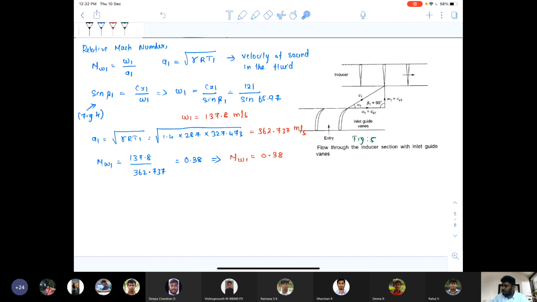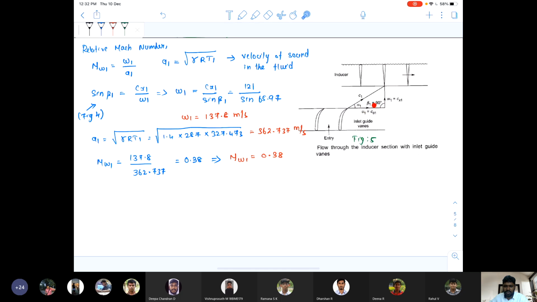But if you consider the flow through the inducer section with inlet guide vane, that is this is the inlet guide vane, now you should find the exit air angle at the inlet guide vane, that is alpha 1.